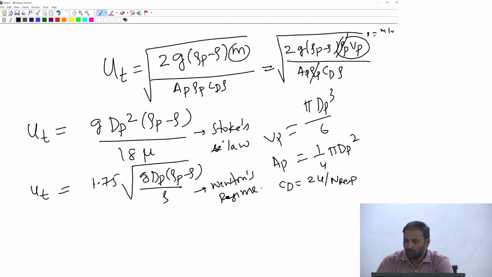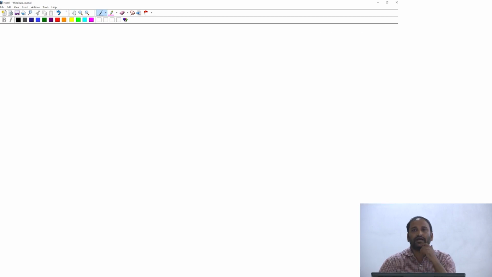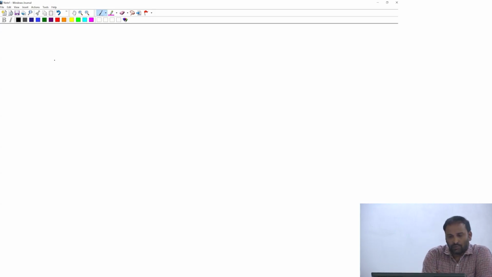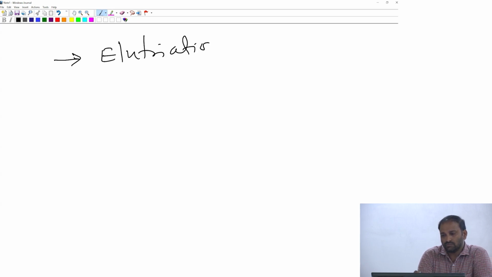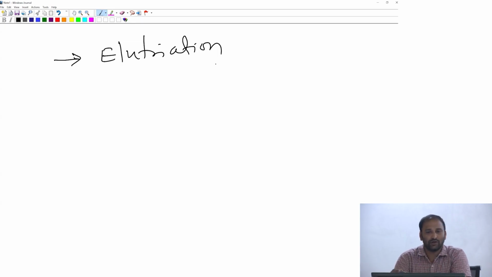Now it turns out that the concept that we have discussed today is useful in a lot of cases where people are interested in separating particles from a fluid. There's actually a process called elutriation. Say that you have a powder sample, okay, say that I have some sample that is given to me, which basically consists of powder, and say that the powder has particles of different sizes.